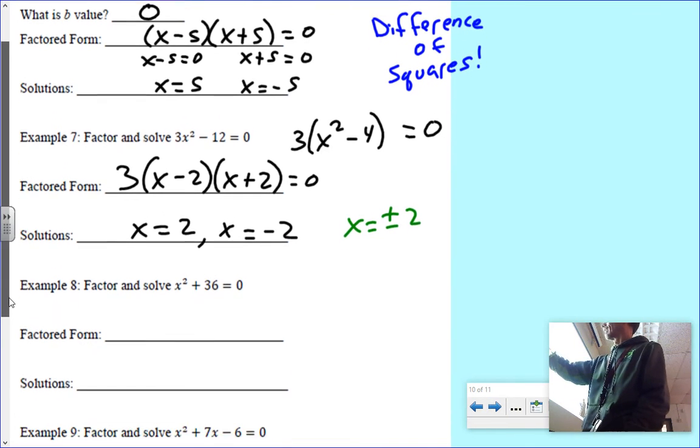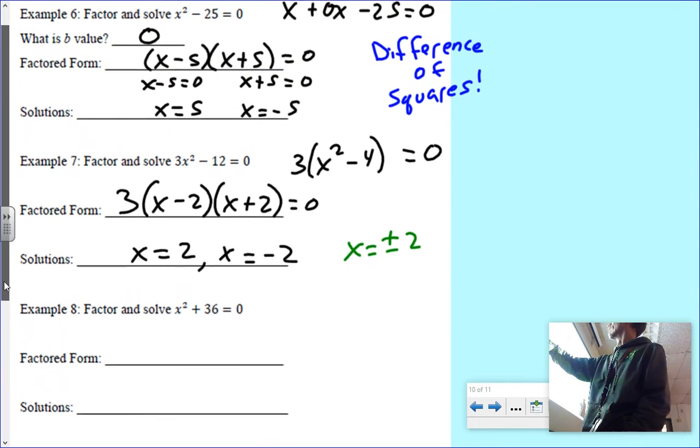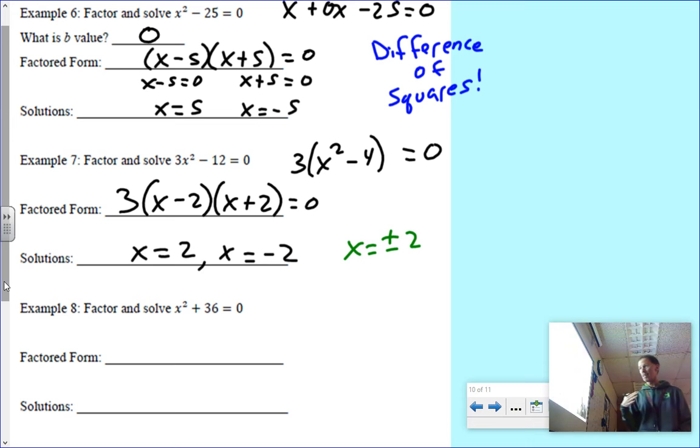Okay, now, last two things I want to talk about. Look at example 8 and look at how it is not the same thing as examples 6 and 7. Notice there's still no b value, but now it is a sum.